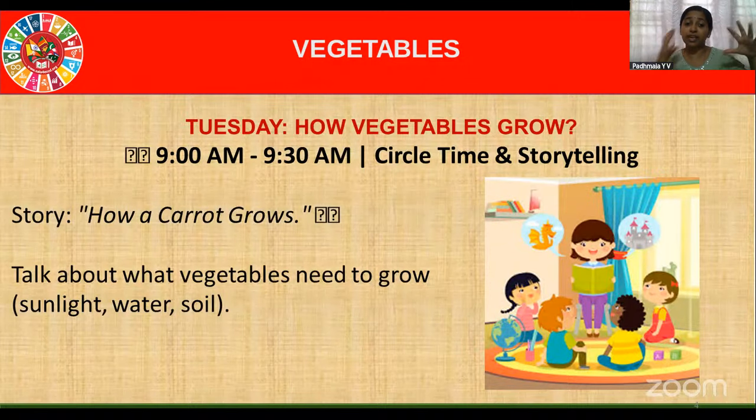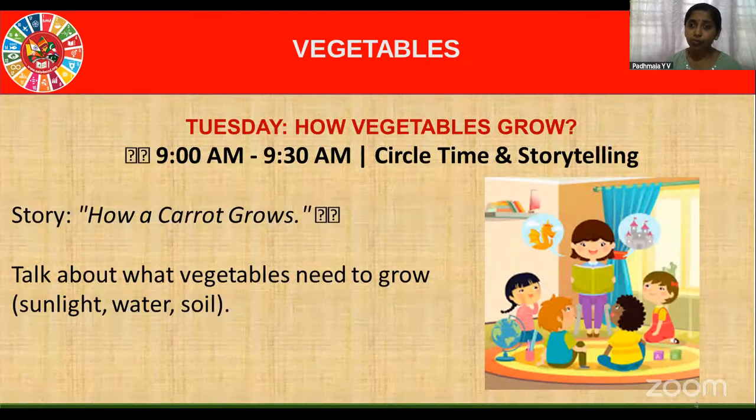The same way, even the plants need sunlight. Water, when we are feeling thirsty, we intake water. When we are feeling hungry, we need food. The same way, even plants also need food, water. We can explain to the children in a very, very simple way.